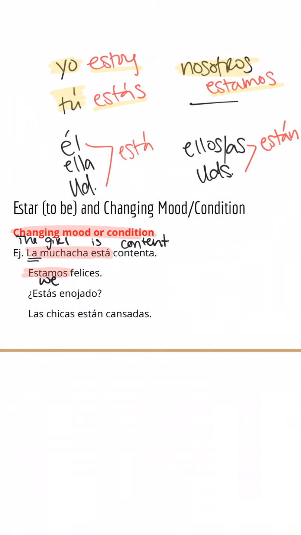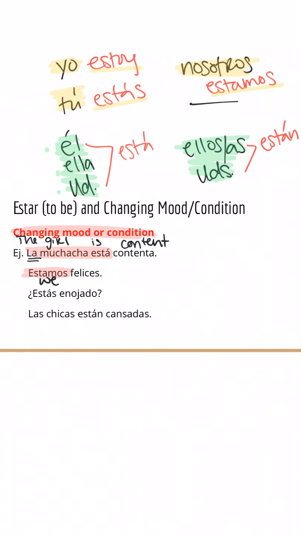But if you do take a look at él, ella, and usted, along with ellos, ellas, and ustedes, well, they do share está amongst each other, meaning you have to include the subject pronoun if you're talking about them, because if I simply say está bien, well, maybe you have no idea. Am I talking about he, she, or am I talking about you formally, right?